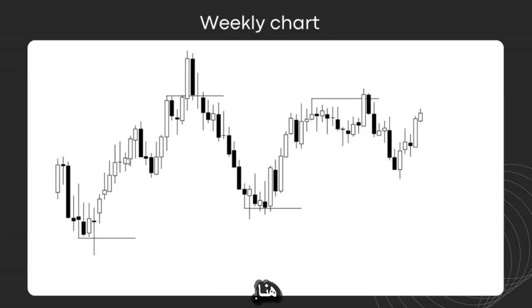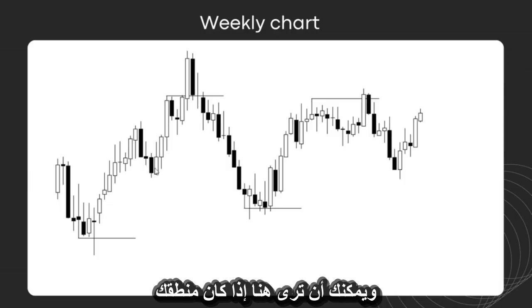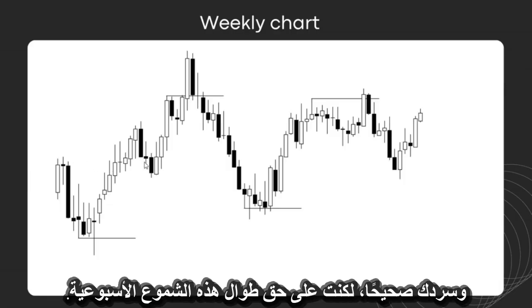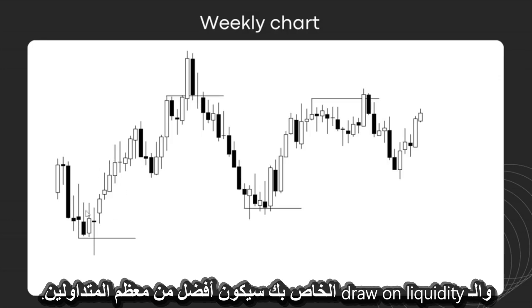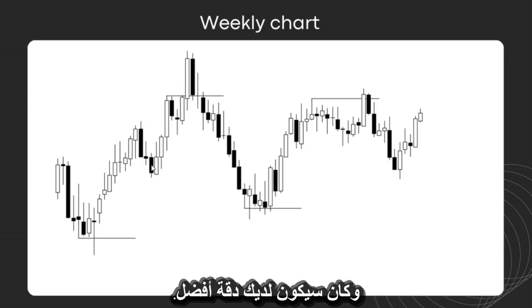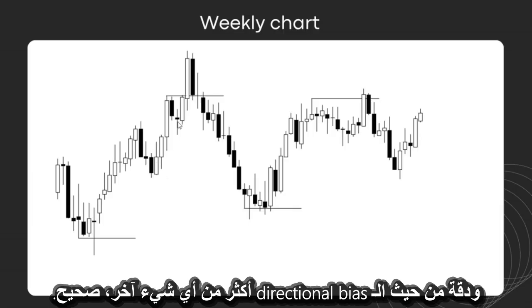If your logic and narrative was correct, you would be right for all these weekly candles, and your bias and draw on liquidity would be better than most traders, with better precision and accuracy in terms of directional bias than anything else, right?